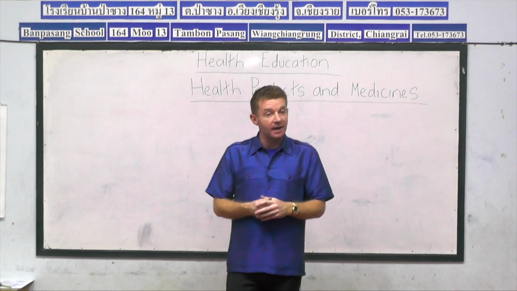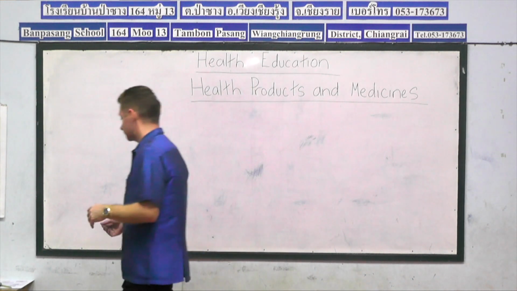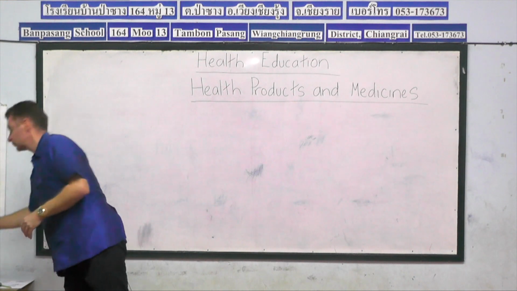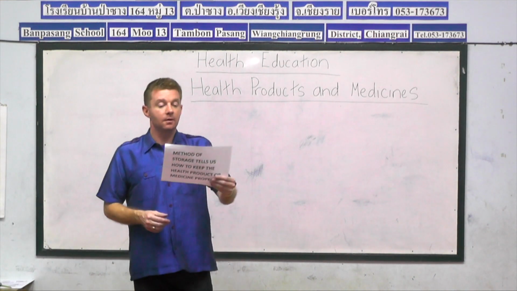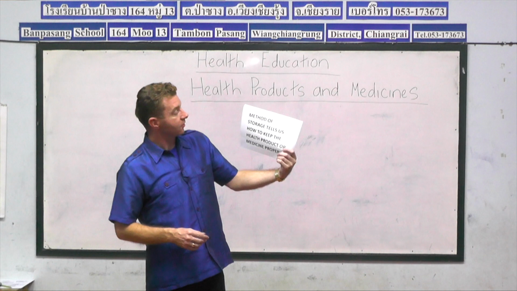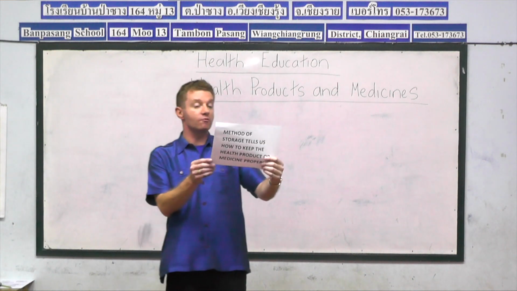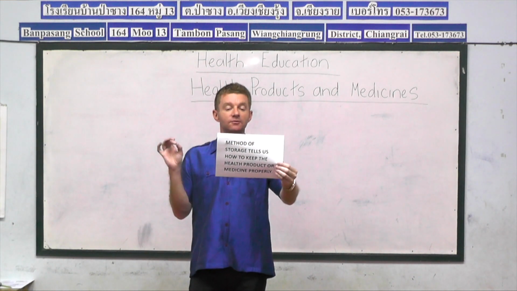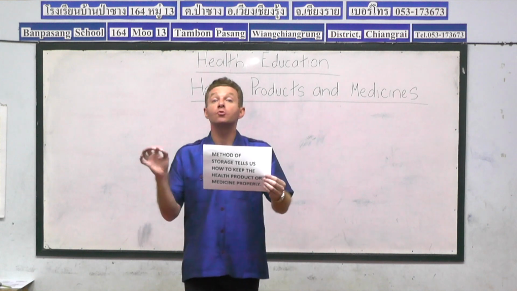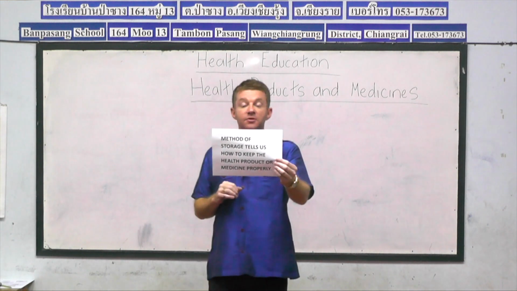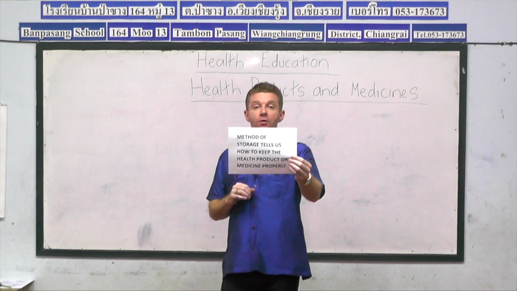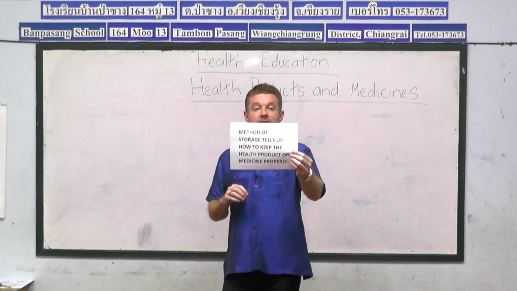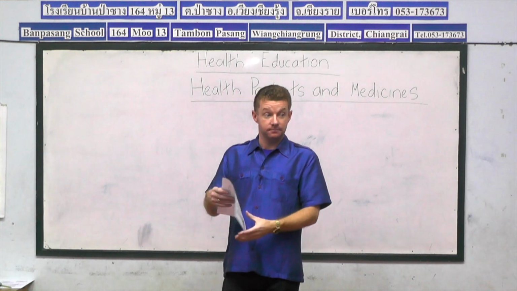But first of all, guys, let's have a look at the sentences. So the first one we've got, method of storage tells us how to keep the health product or medicine properly.